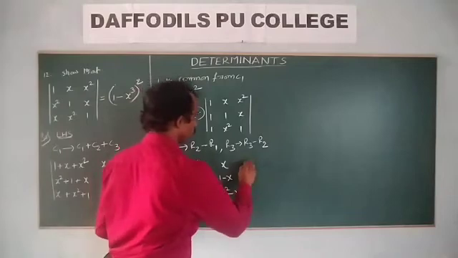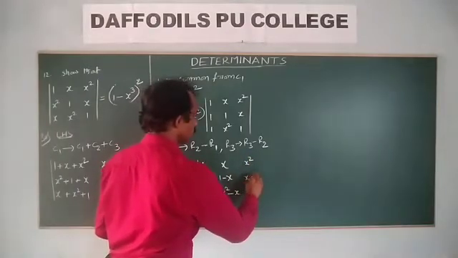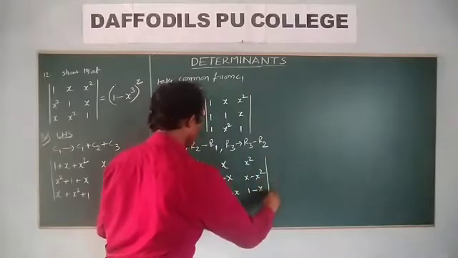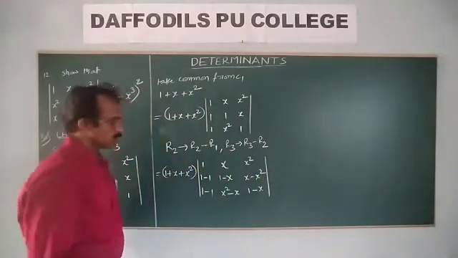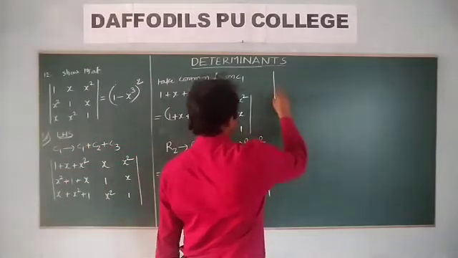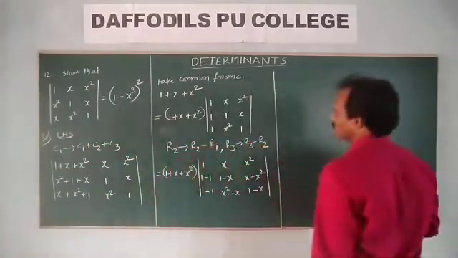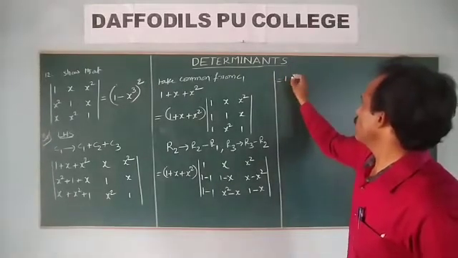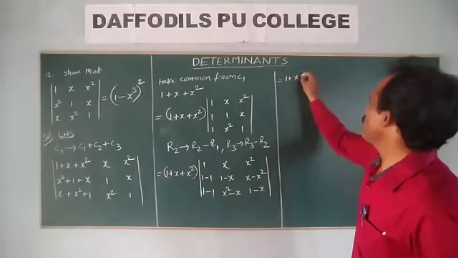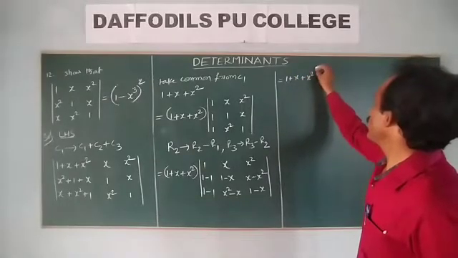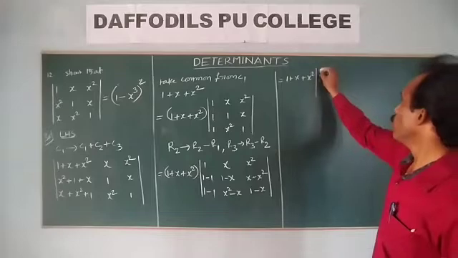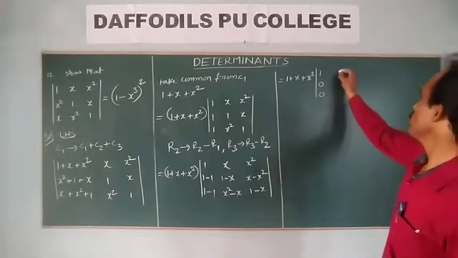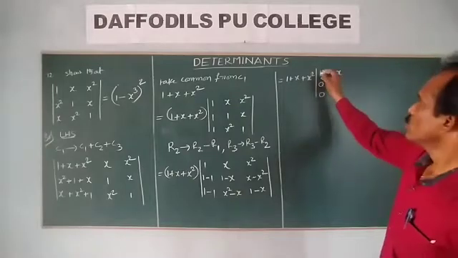The x square term is written as it is, then x minus x square, and 1 minus x.